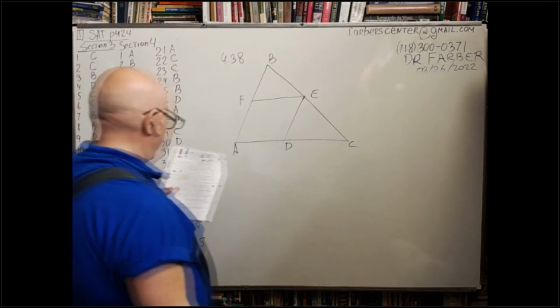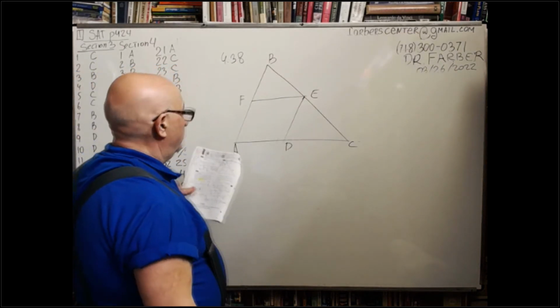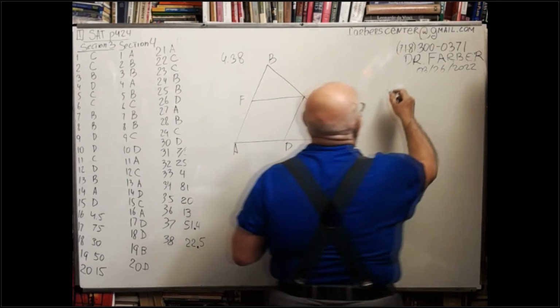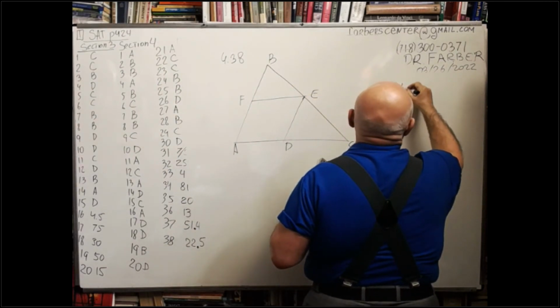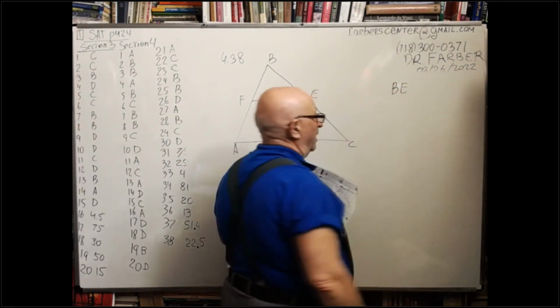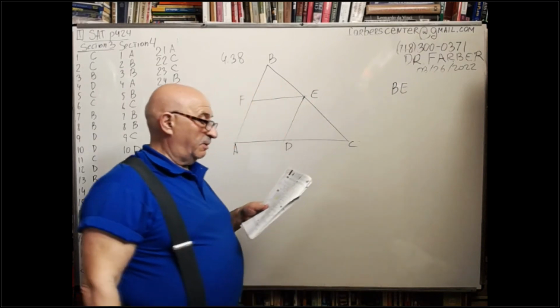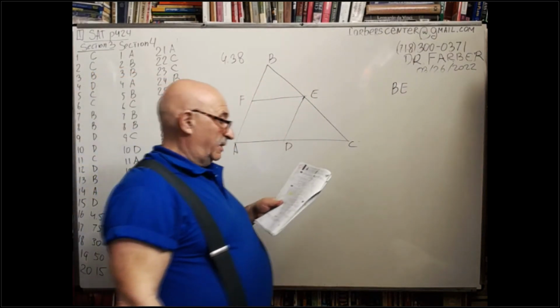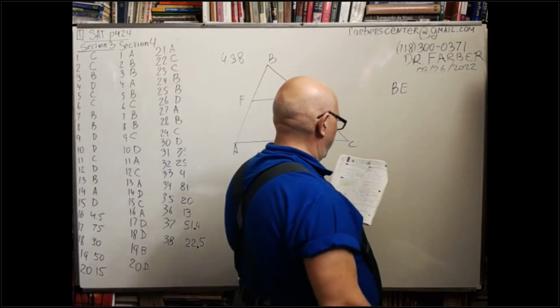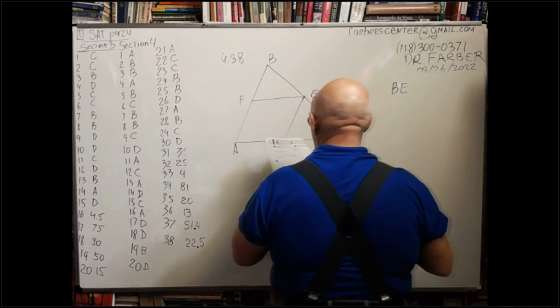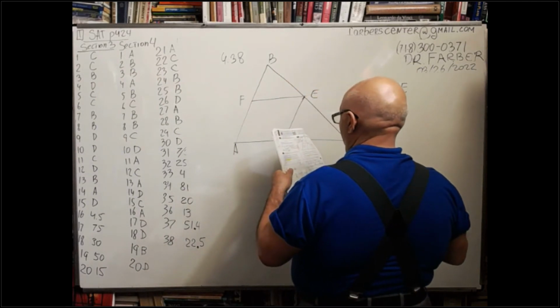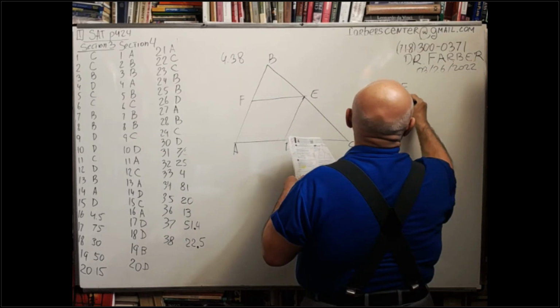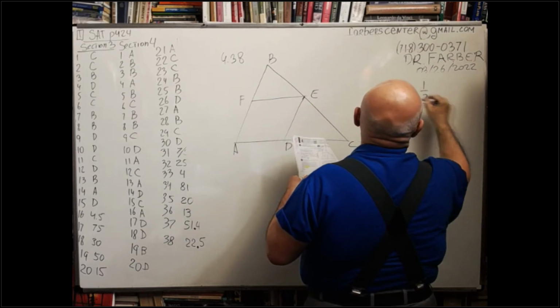AD is parallel to BE. Remember, there was a mistake here in the text. Instead of BF, it's supposed to be BE. Make the correction, because everybody did it. You did it in the beginning of class. BE to EC equals 1 to 2, given.